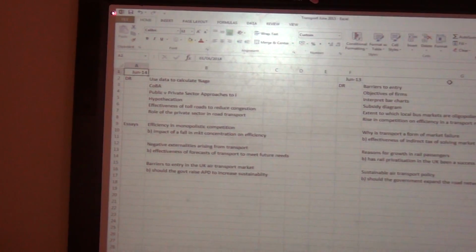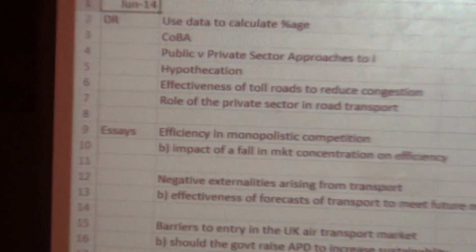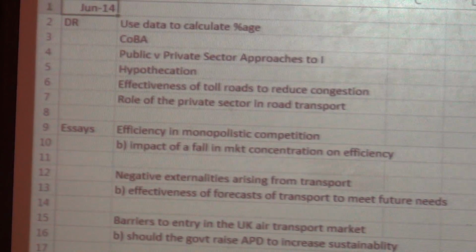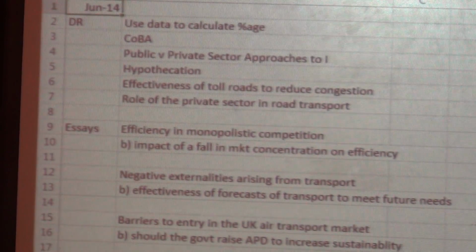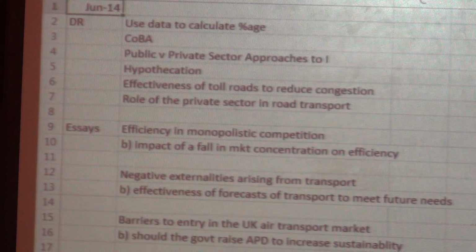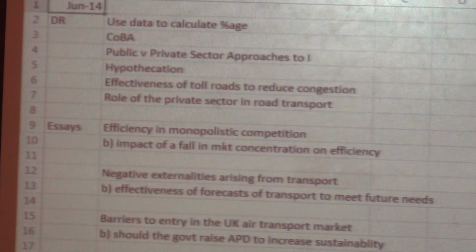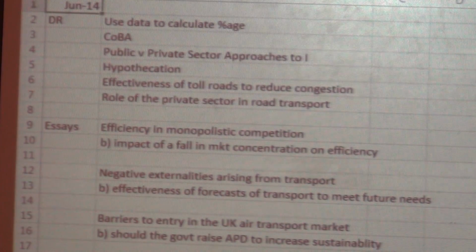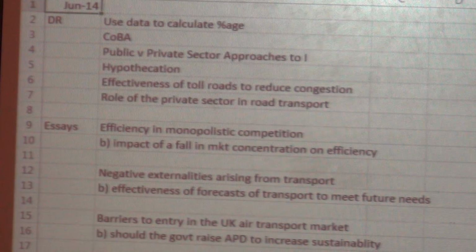So let's have a look first of all at the June 2014 paper. So the data response on that particular paper looked at cost-benefit analysis. It looked at public and private sector approaches to transport investment.